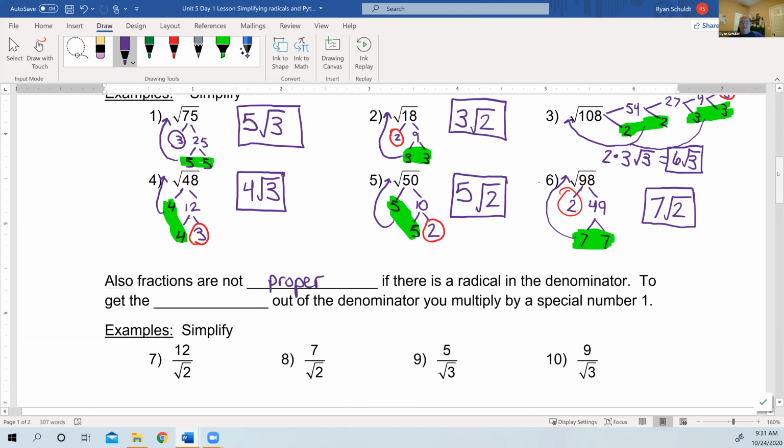So to get the radical out of the denominator, we have to multiply by a special number 1. And I'm going to put 1 in quotes because we're not multiplying by 1, we're multiplying by something else. And also, remember, denominator is our bottom number.